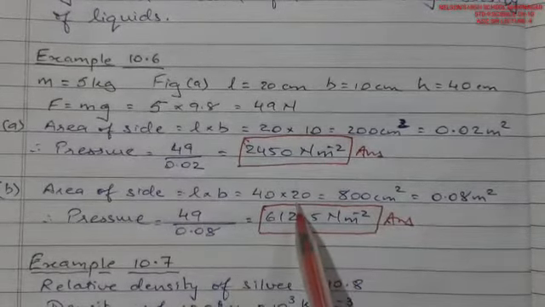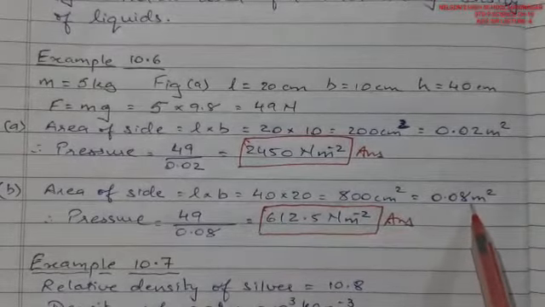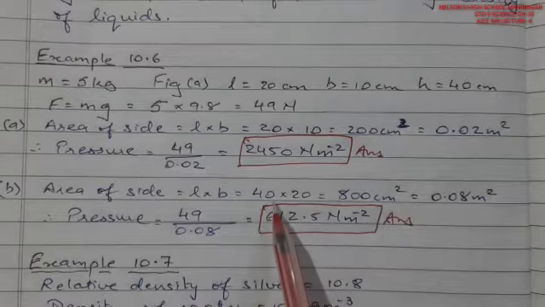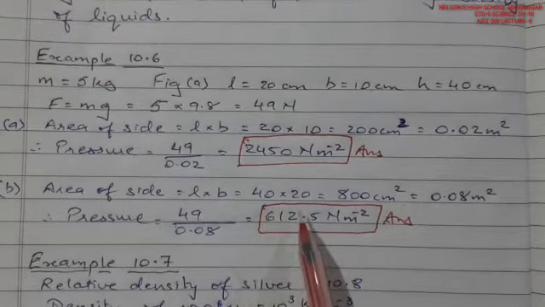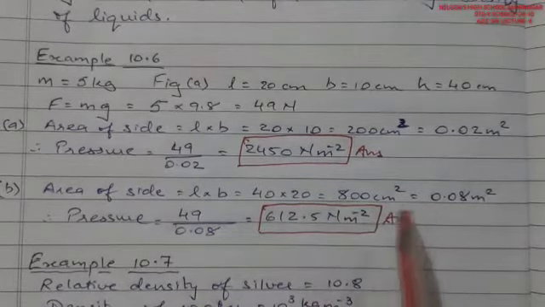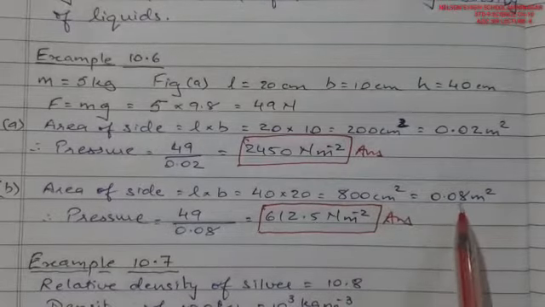If by chance it is 10, then it is going to be 400 centimeter squares, so 0.04 meter square. In certain books the figure is given as 40 and 10, in certain books as 40 and 20, so you may consider accordingly. It might come as 800 and 0.08, or 400 and 0.04.